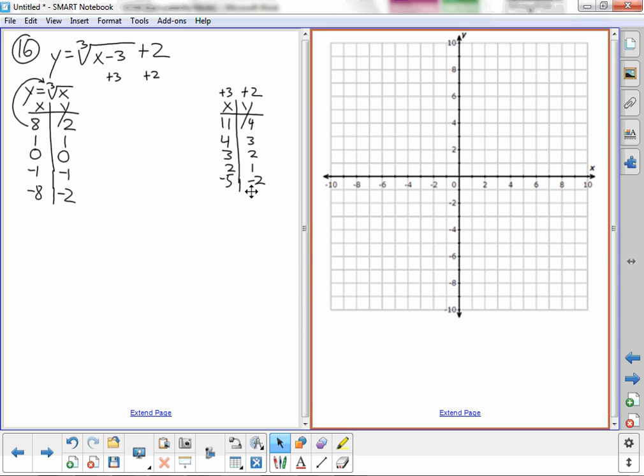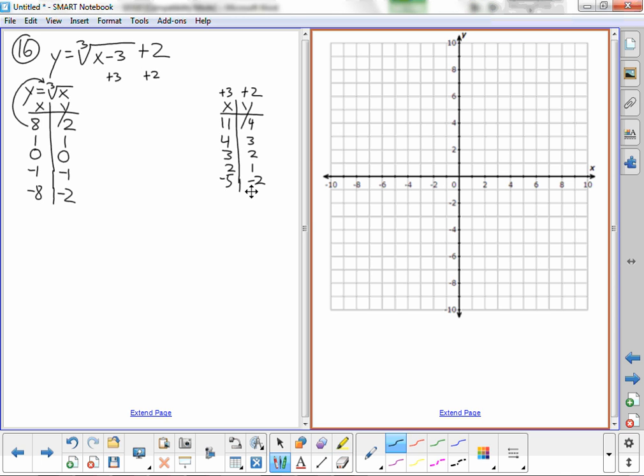Negative 2, negative 5 is negative 2, negative 5. Then 2, 1. So 2 goes up to 1. Then 3, 2. So over 3 up. Wait a minute. That doesn't look right. Hold on. Oh, there you go. That was wrong. Sorry about that.